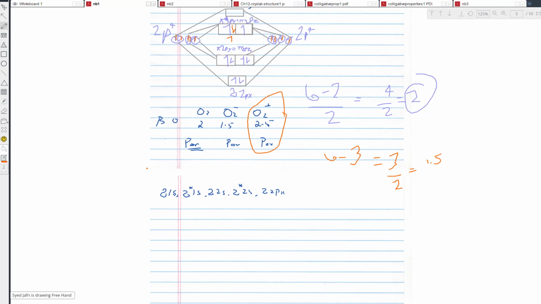And how many electrons are we putting? 2 in sigma 2px. Then we have pi 2py. Depending on the book, some write pi 2py and pi 2pz together, and they write the total, which is 4 here. And then we have pi star 2py equal to pi star 2pz.